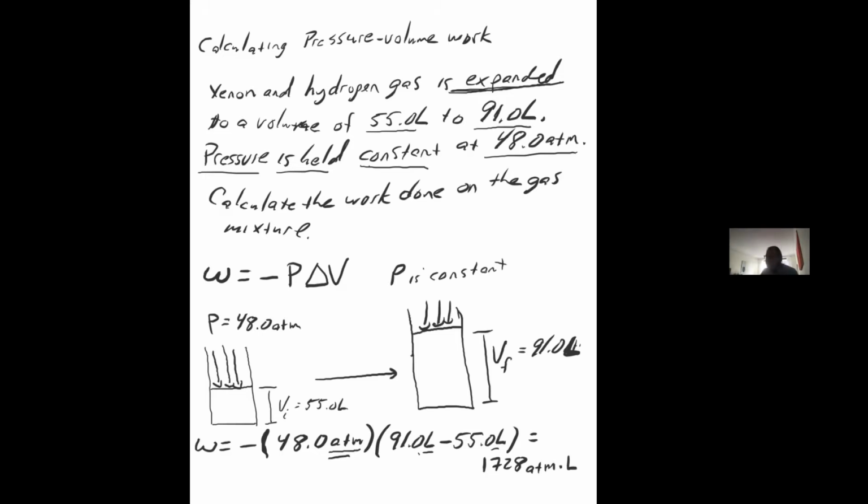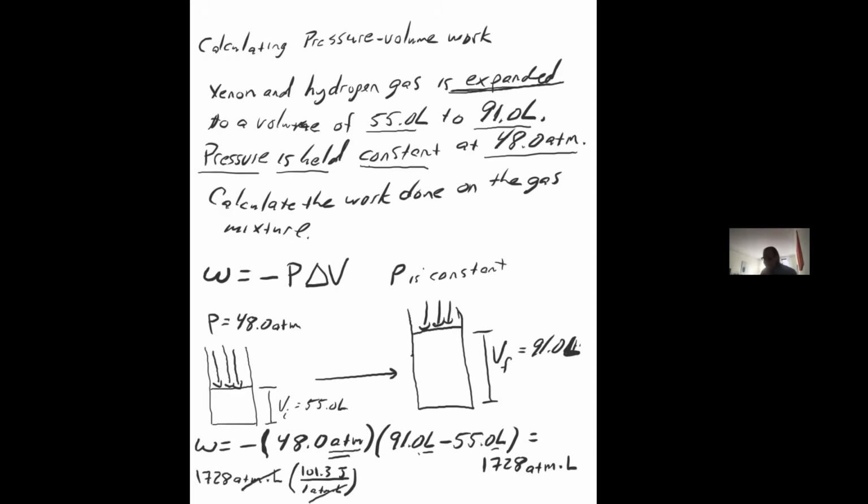Typically, we would want to have it in joules, however. So we would take our 1728 and the conversion factor is 101.3 joules per 1 atmosphere liter. And there's our atmosphere liters.